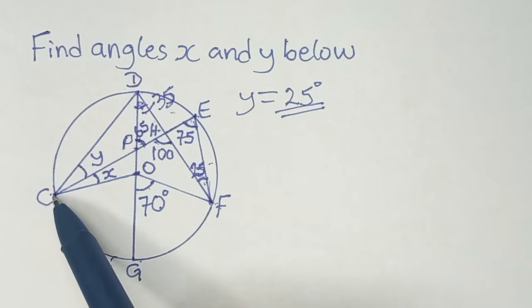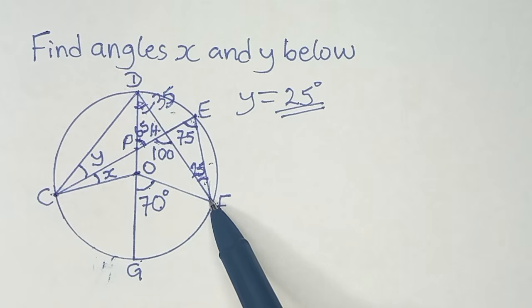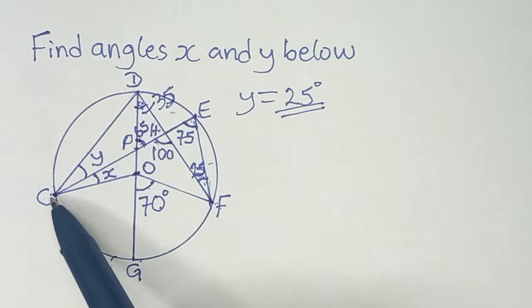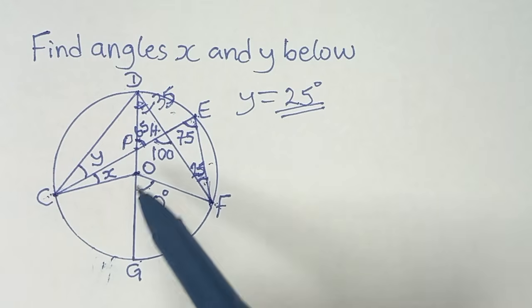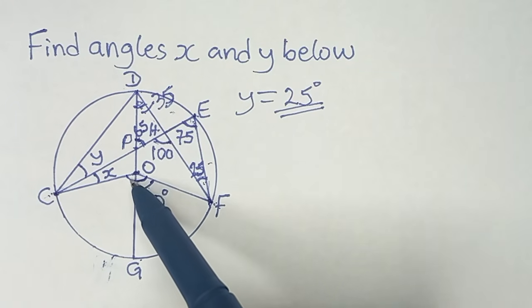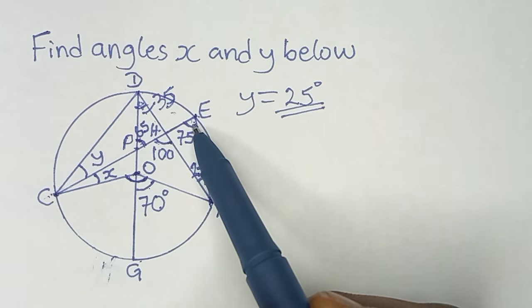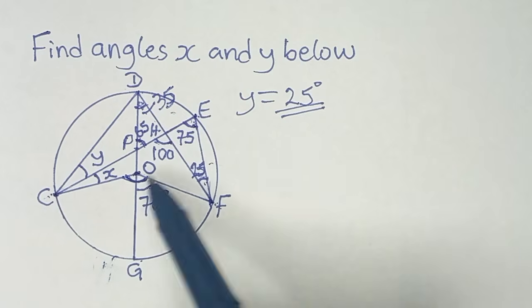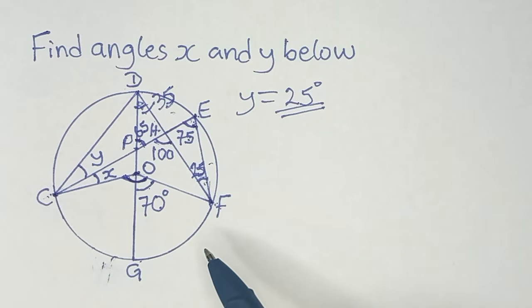In the same way, I have this line from here to the center, and this one from here to the center, using the same points C and F. So a pair of lines goes to the circumference to form 75, and from the same points C and F, another pair goes to the center to form this full angle at the center. You agree with me that the angle at the center is twice that at the circumference. So the whole of this angle will be 75 times 2, which gives us 150.